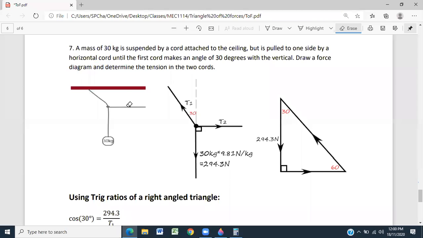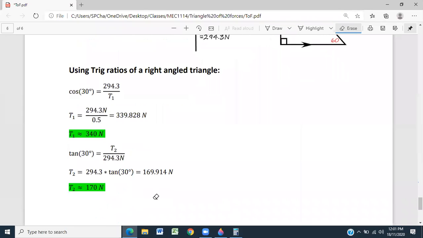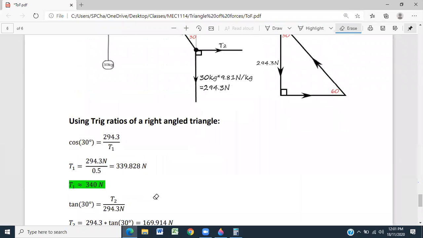So this here still makes an angle of 30 degrees to the vertical, right? And you create your force diagram. Force is a right angle triangle, so you move some stuff around, slide this down, bring this across, create your diagram, deduce your angles, right? And just use your trig ratios and find the stuff.